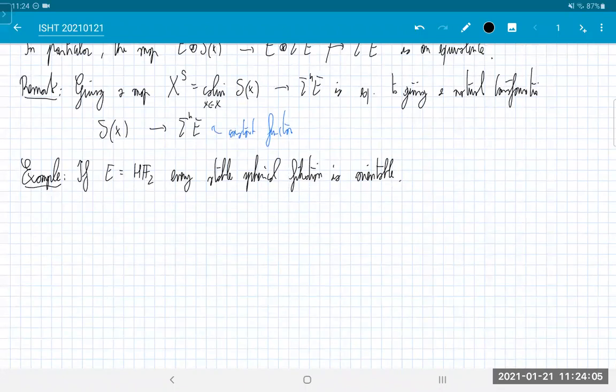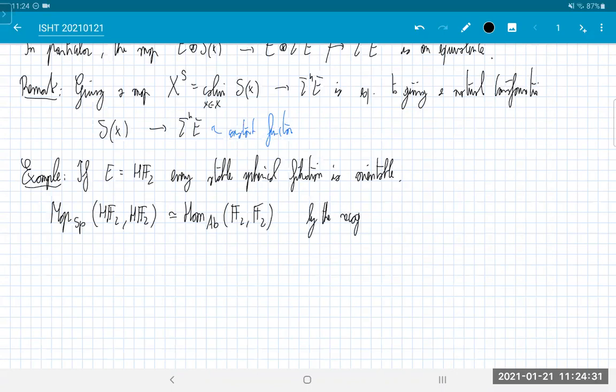Okay, let's see why. So the point is that the mapping space in spectra from HF2 to HF2 is the same thing as homomorphisms of abelian groups from F2 to F2 by the recognition principle. If you recall, we discussed that abelian groups embed fully faithfully into spectra. And so that's just F2.